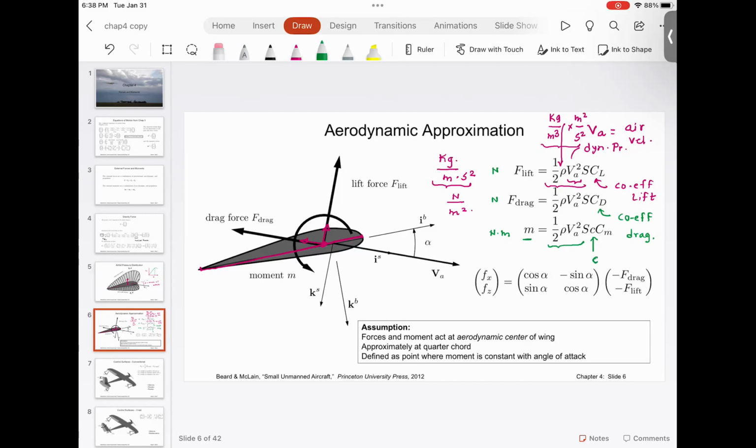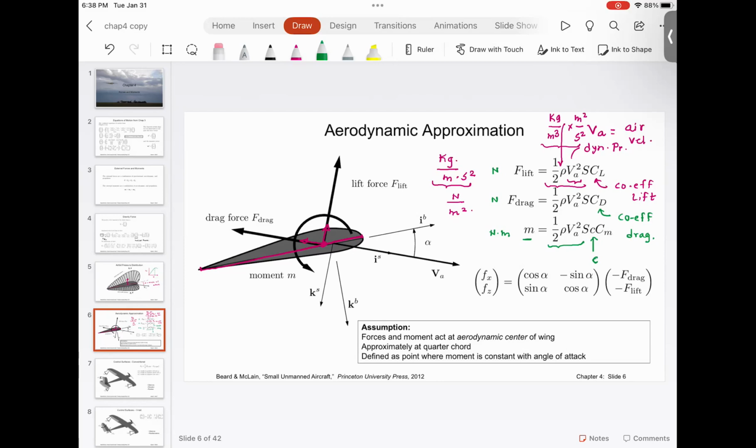Stability frame, inertia frame, velocity frame, vehicle frame, vehicle 1, vehicle 2, body, stability, and wind. So the stability frame, IS and JS. IS, JS, KS is where all these aerodynamic forces are. You can see VA, the air velocity, is expressed in IS, which is in the stability frame.